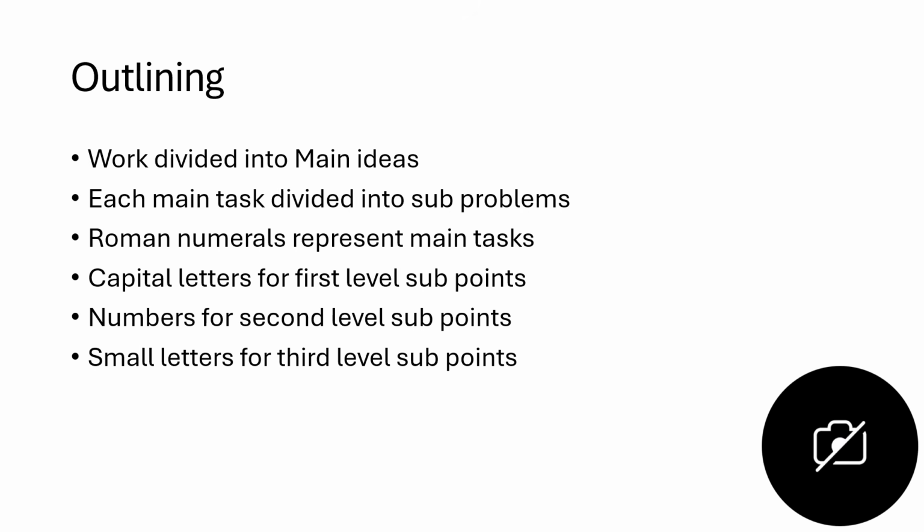Outlining. Decomposition is otherwise like outlining a problem into the main idea. A piece of work is there, you divide it into main areas, and each main idea is again divided into subproblems and so on. In the previous slide we saw making the crust.